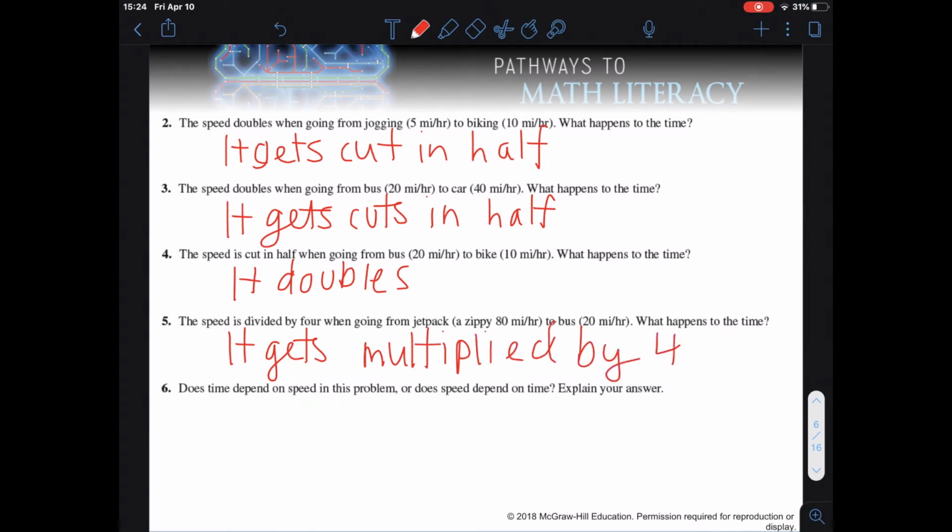So there is this inverse relationship between the two. So based on this, does time depend on speed or speed depend on time? It's going to be the case that time depends on speed. So once you pick a speed, that determines how long the trip will take.